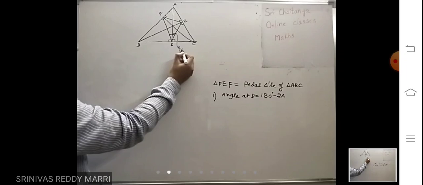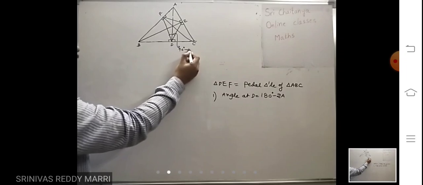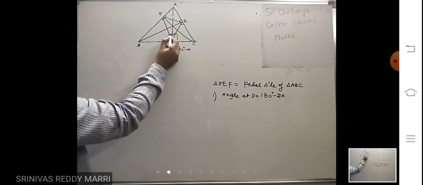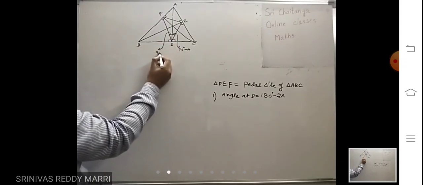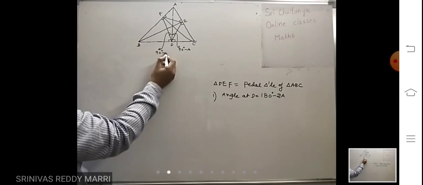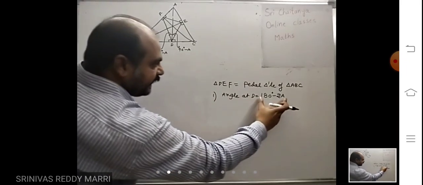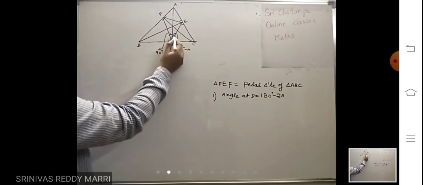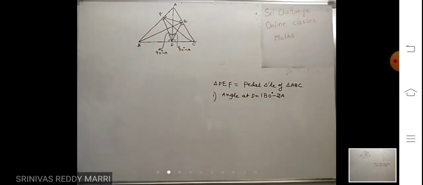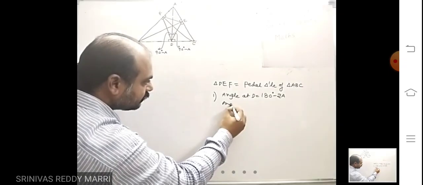This angle is 90 degree minus A, and this angle is 90 degree minus A. In that 180 minus 2A, this angle will be 90 minus A, and this angle will be 90 minus A. You remember, like that.